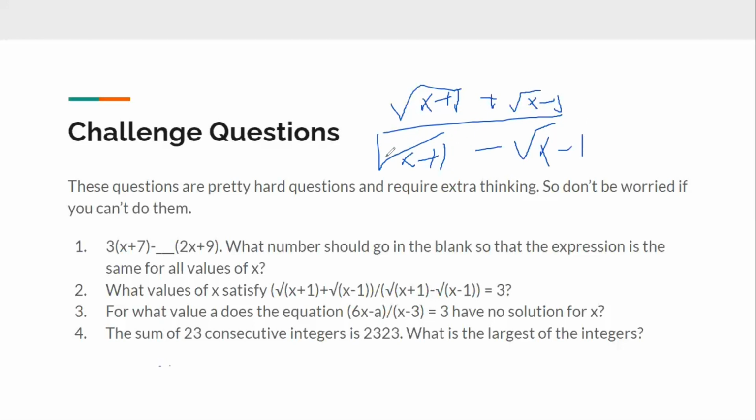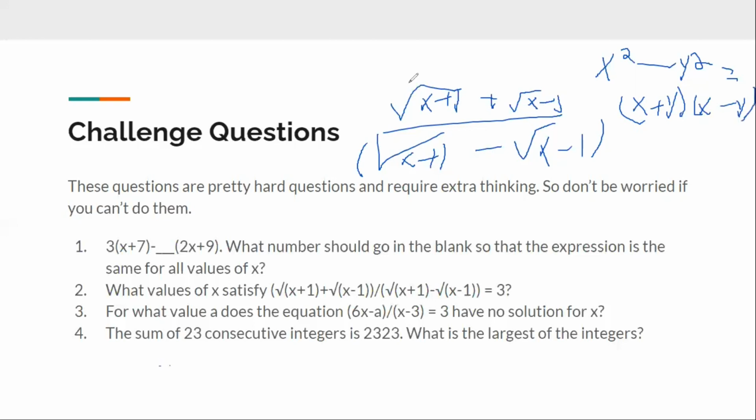When you see these types of expressions, you want to multiply by this plus this. Because you remember how we said x squared minus y squared is equal to x plus y times x minus y. We showed that before.